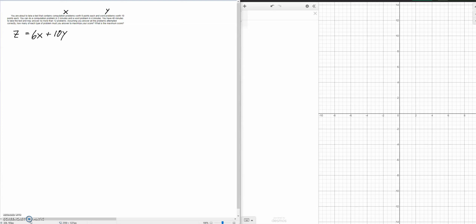Well, that means that 2x plus 4y, so this is the number of minutes that I spend on computation problems plus the number of minutes I spend on word problems, that has to be less than or equal to 40. Okay, so this was just my constraint of the 40 minutes here. Okay, now I may answer no more than 12 problems. That means the number of computation problems plus the number of word problems has to be less than or equal to 12.